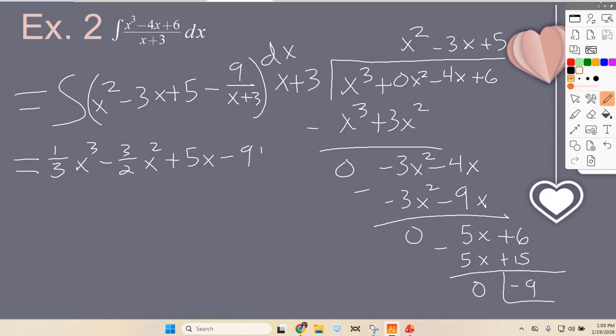Divide by anything. So I just get the natural log of the absolute value of x plus 3 plus c. Just no biggie. What questions do we have there?